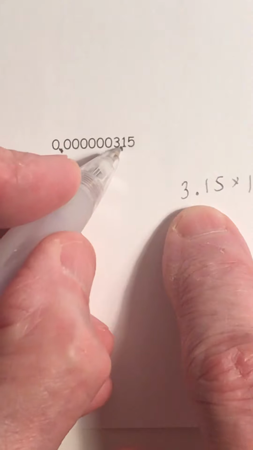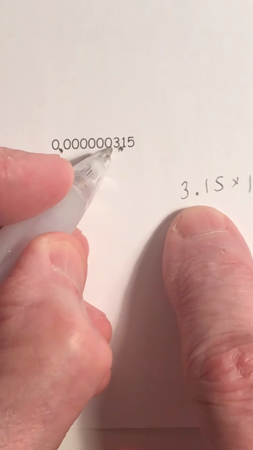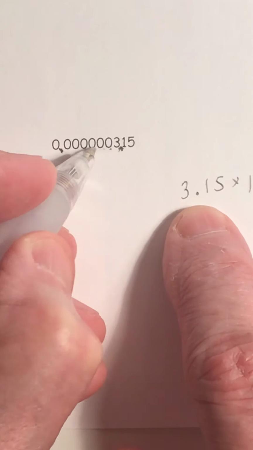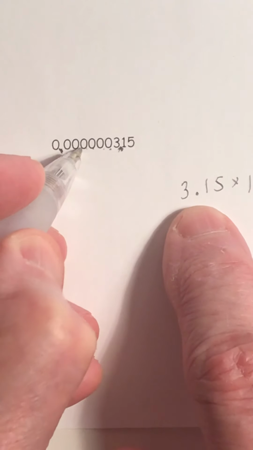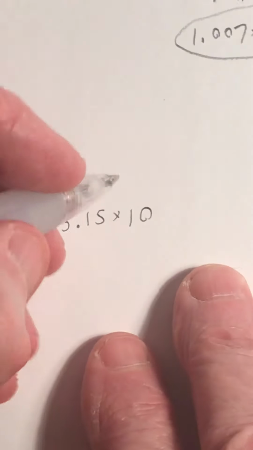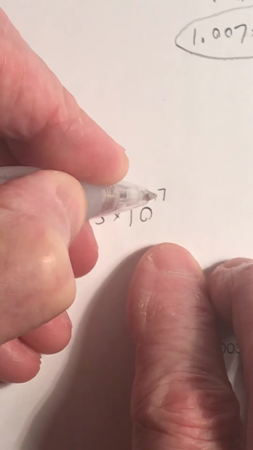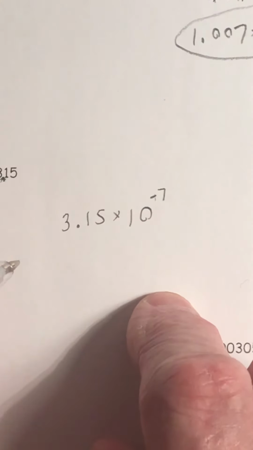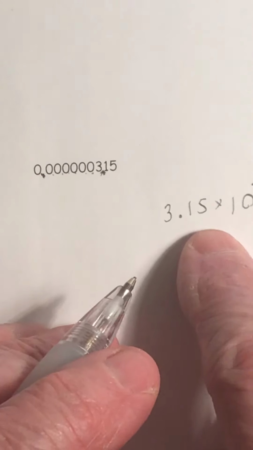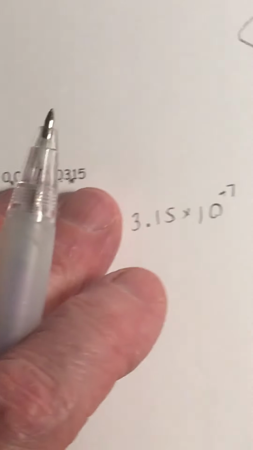From there to there is 1, 2, 3, 4, 5, 6, 7 places to the left. So this is not right. Now it's right. We want a -7 exponent showing that the point goes to the left so many places.